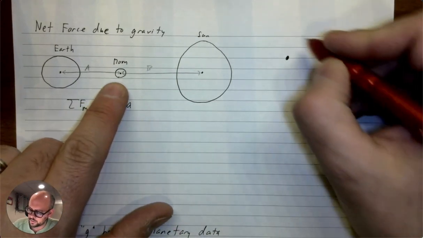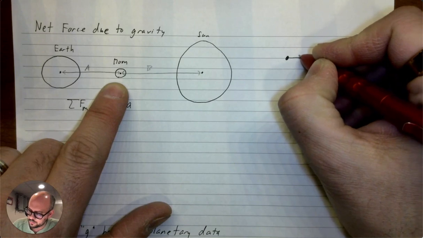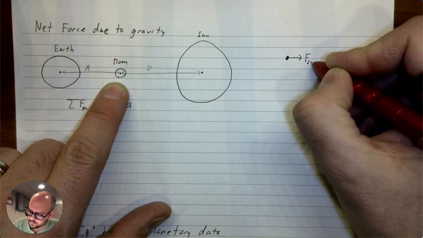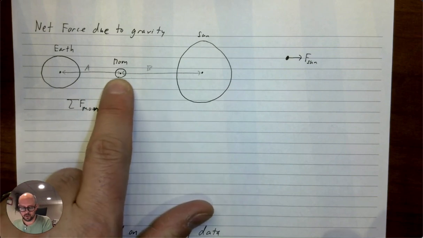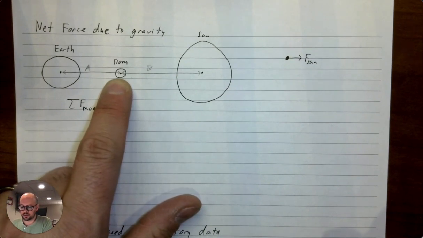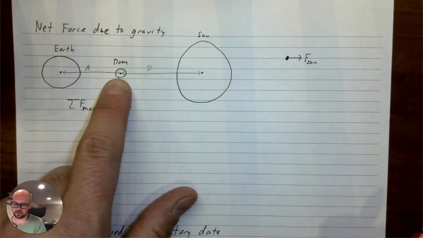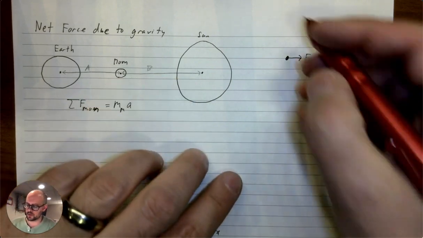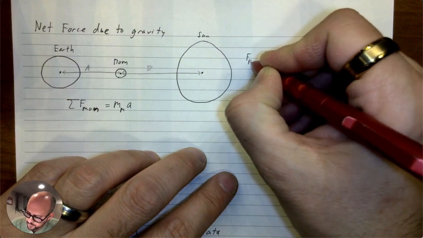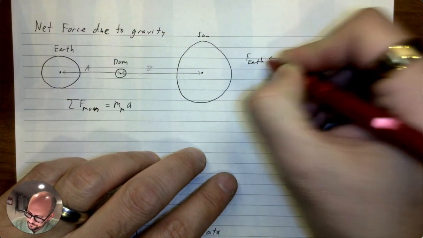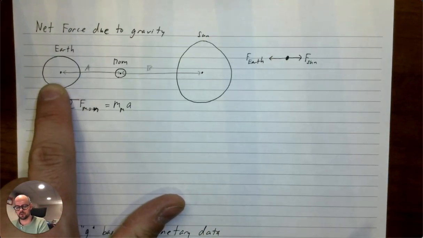So I want to label some forces. The sun is going to pull to the right on the moon, according to this diagram, because gravity is only an attractive force, and so the sun can only pull the moon to the right. And then the Earth produces its own force of gravity on the moon.